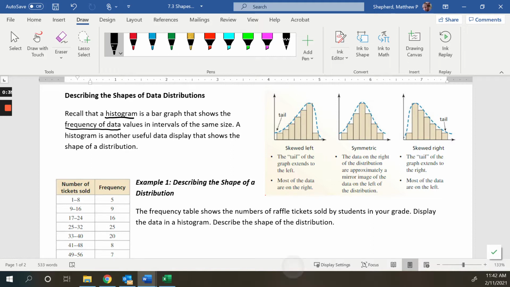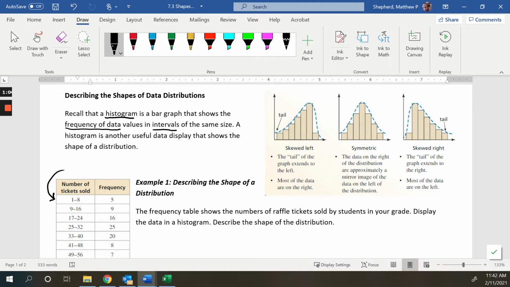Now, another thing to note is the intervals. You can look down at this table below to see an example of what an interval is, where it goes from this number to this number. So 1 to 8, that's the interval. Now, all the intervals need to be the same size. Okay, so to go from 1 to 8, we add a 7.